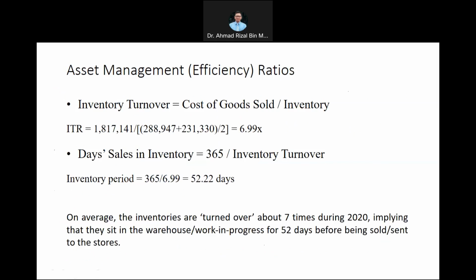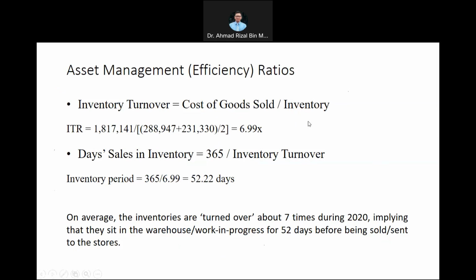In order to do that, we need to calculate inventory turnover first, which is cost of goods sold divided by the inventory. Now, for inventory here, the best would be to calculate the average.